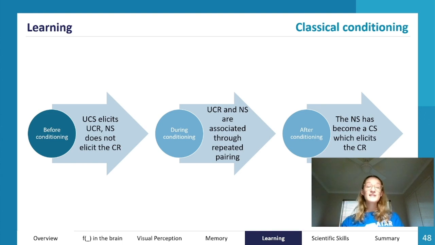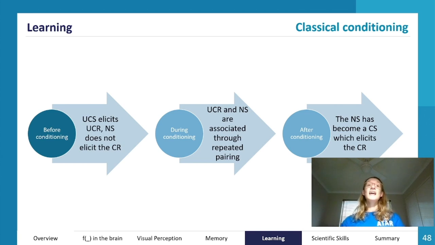In Pavlov's experiment, the unconditioned stimulus was the food. The dogs did not need any conditioning, they did not need any learning. The food naturally elicited an unconditioned response, which is the natural response, which in this experiment was the drooling.